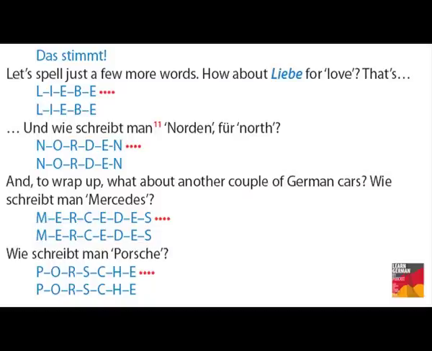Wie schreibt man Mercedes? M-E-R-C-E-D-E-S. Wie schreibt man Porsche? P-O-R-S-C-H-E.